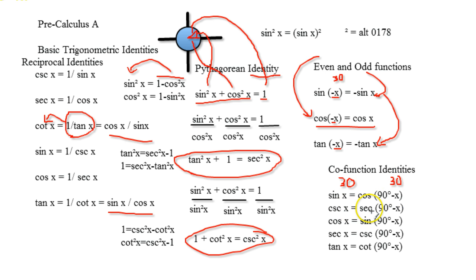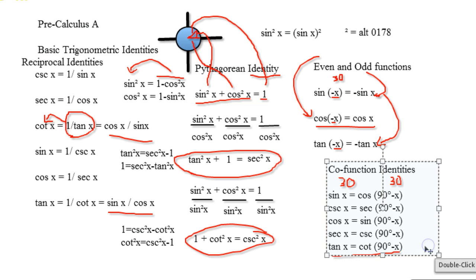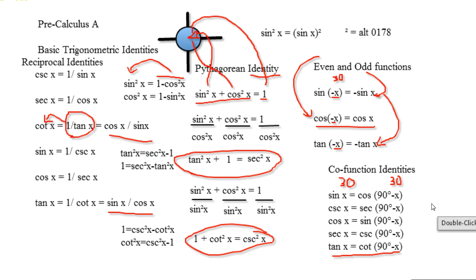Cosecant of 30 is the same as secant of 60. Cosine of 30 is the same as sine of 60. Secant of 30 is the same as cosecant of 60. And tangent and cotangent just follow their own rules. They're their own little pals. Tangent of 30 is the same as cotangent of 60. Oh, I could have written down the other one. And cotangent goes obviously the same way.